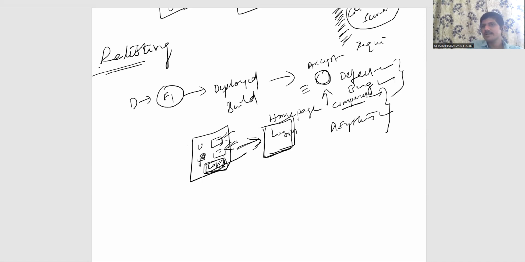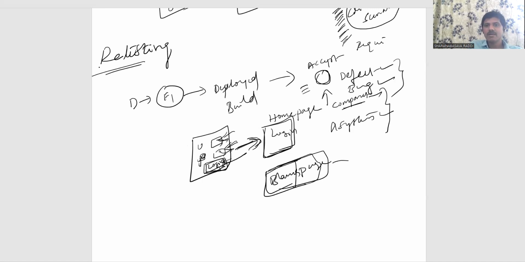That is what the test case says, or that is the requirement. But while executing the test case, the tester entered a valid username, valid password and clicked on login, but the user navigated to a blank page instead of the home page. There is no content and there is nothing. He just navigated to the blank page.